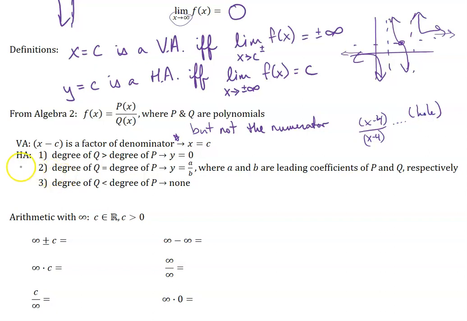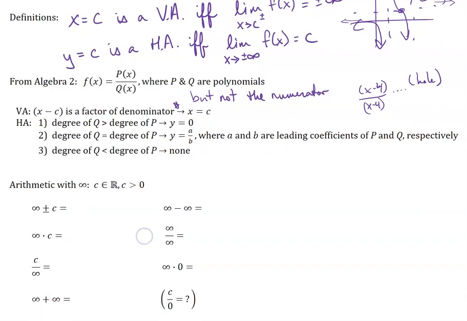And then for horizontal asymptotes, remember we consider the degrees of the numerator and denominator. If the degree of q is greater than the degree of p, then we always have a horizontal asymptote at y equals 0. If the degrees are the same, then we take the leading coefficients of the top and bottom and write those as a fraction, and we get y equals that fraction as our horizontal asymptote.